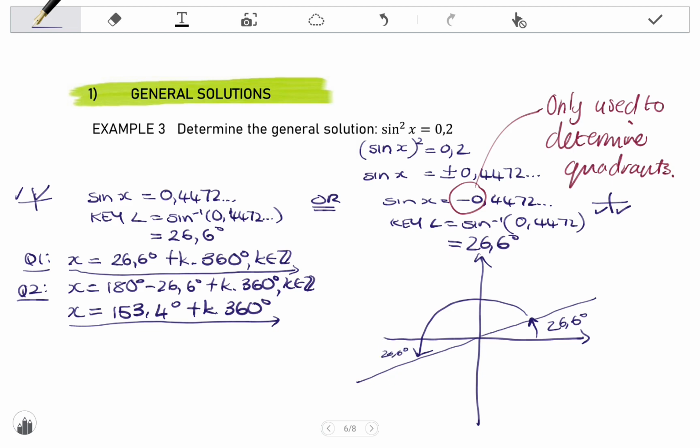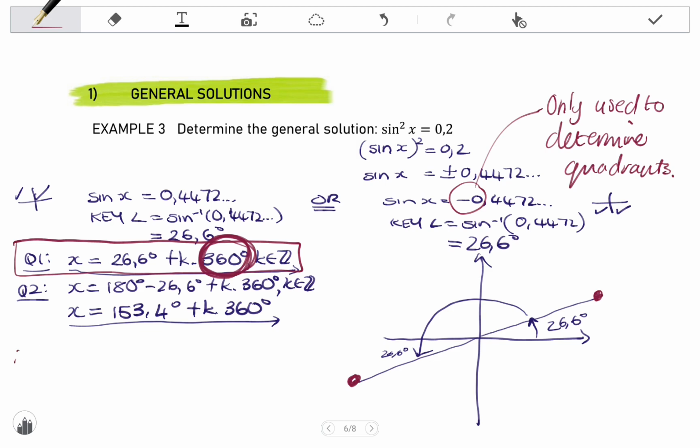So I can actually just use the general solution to the first quadrant, and if I change the period that I'm adding a multiple of to 180 degrees, I would account for all the solutions in the first quadrant and all the solutions in the third quadrant.